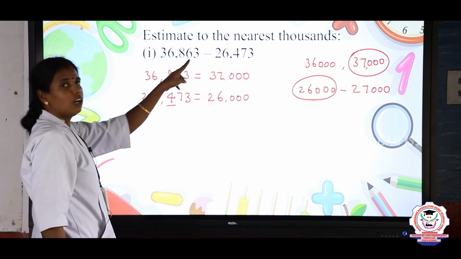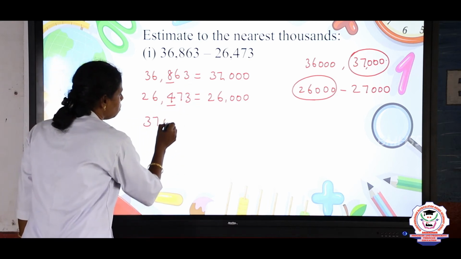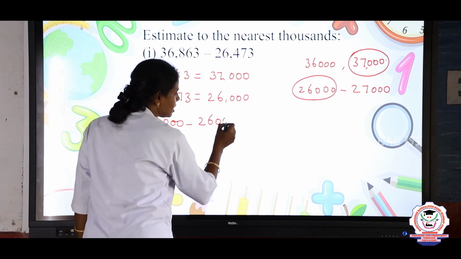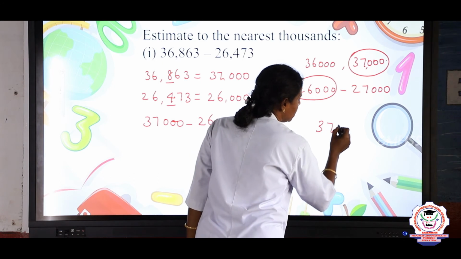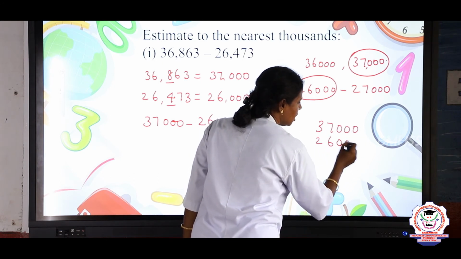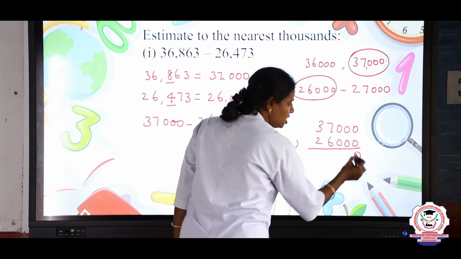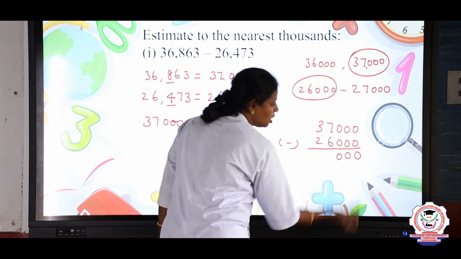Now we want to find the difference between these two, that is 37,000 minus 26,000. Find the difference of these two. 0 minus 0 is 0. 0 minus 0 is 0.